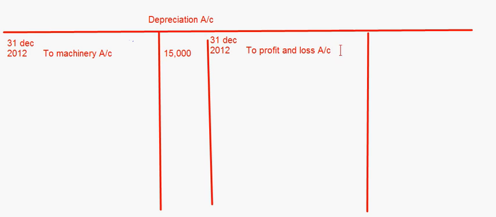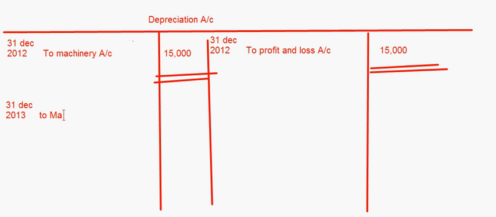See, in the debit side you will write 31st December 2012 to machinery account. The amount of depreciation provided this year was 15,000, right, and at the end of this on the same date, this is also at the end of the year, here you will write to profit and loss account, right. This amount is transferred to the profit and loss account every year. It's shown in the profit and loss account. Fine. So that's it.